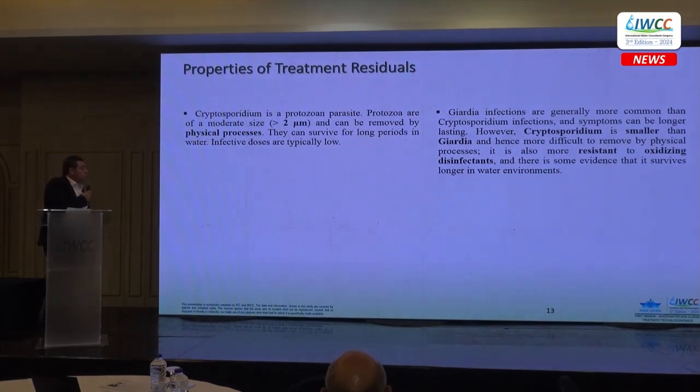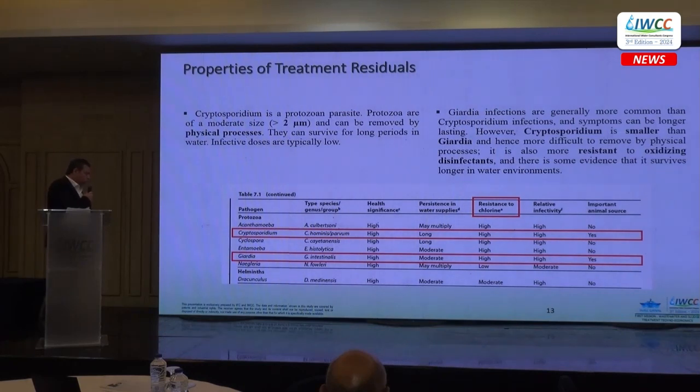Cryptosporidium is the main problem in spent filter backwash water because it has a very small size, greater than 2 micrometer, and it has a higher resistance to chlorine. We have also another type of protozoa, like Giardia, existing in water, but it has a size greater than Cryptosporidium.